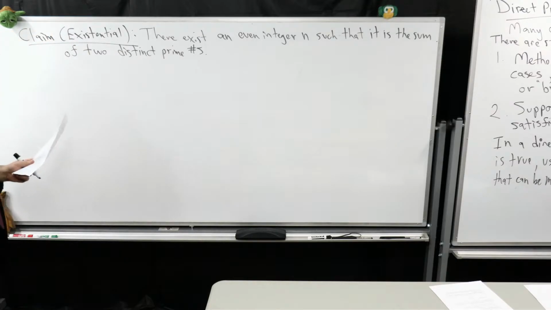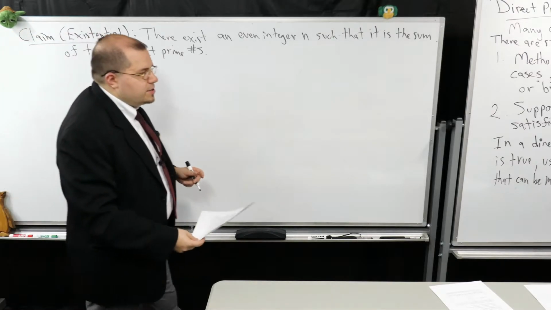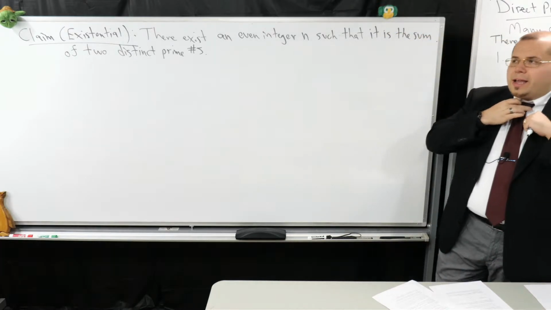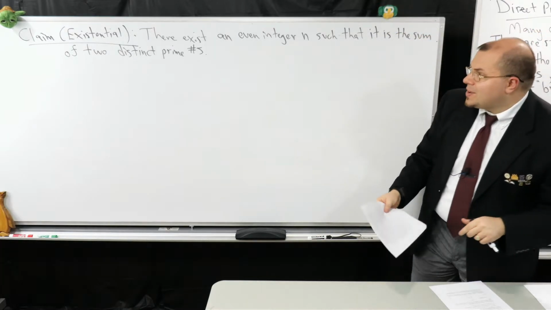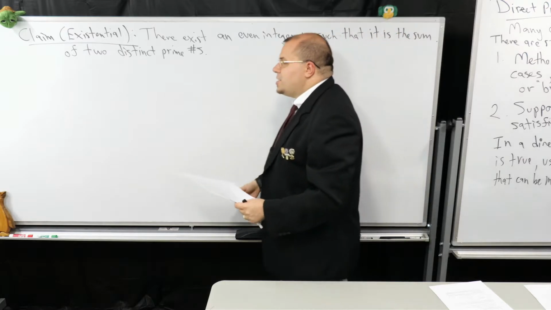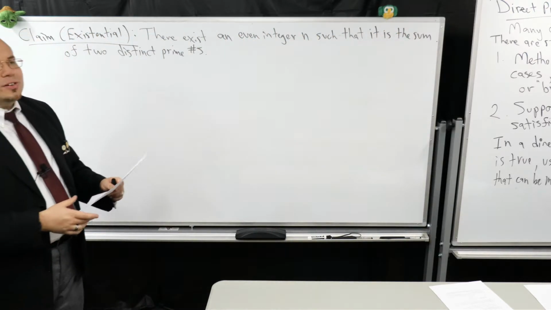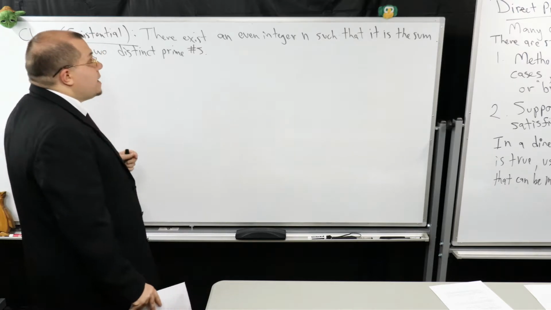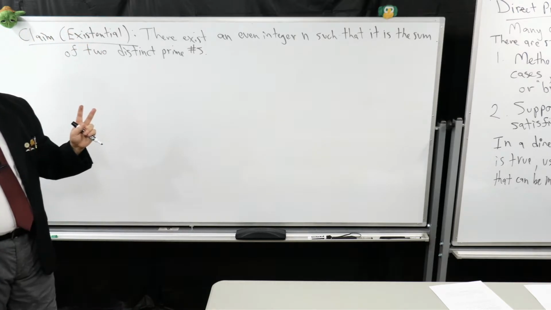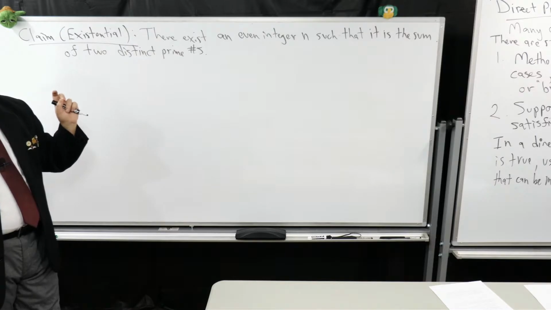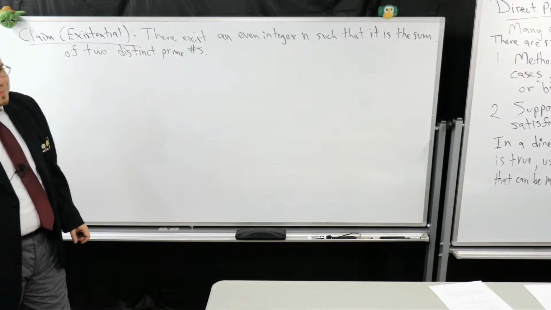Now, just to define everything for you, just in case you're not familiar with what an even number is, nor a prime number. An even number is an integer that can be written in the form of 2 times some other integer. A prime number has exactly 2 divisors, 1 and itself, where itself is another number that isn't 1.